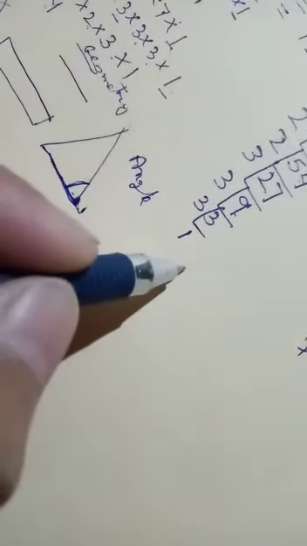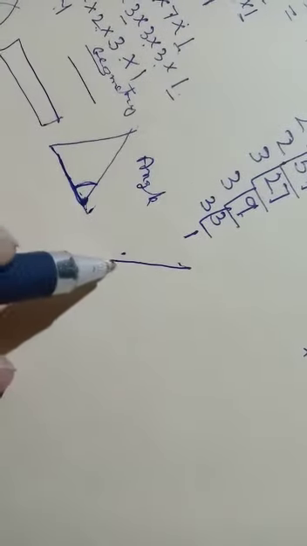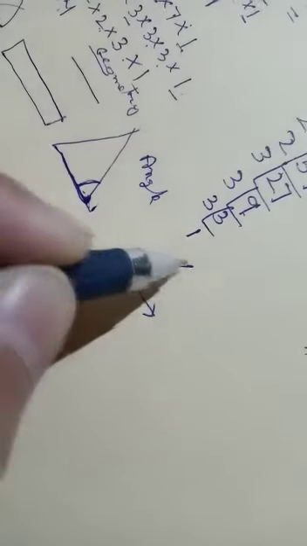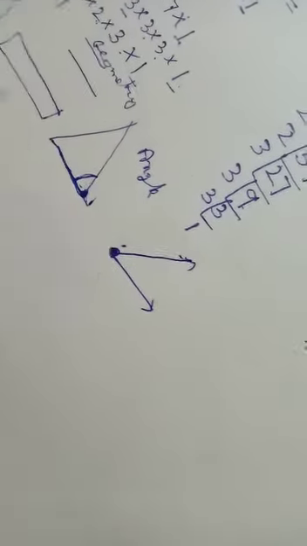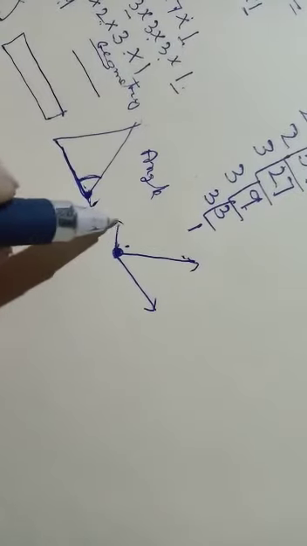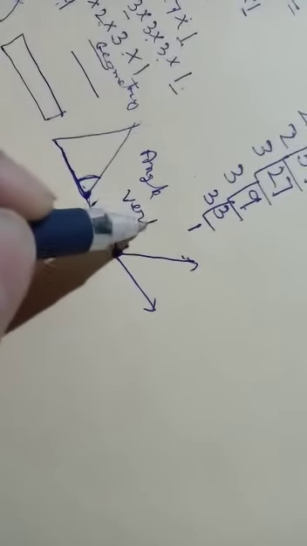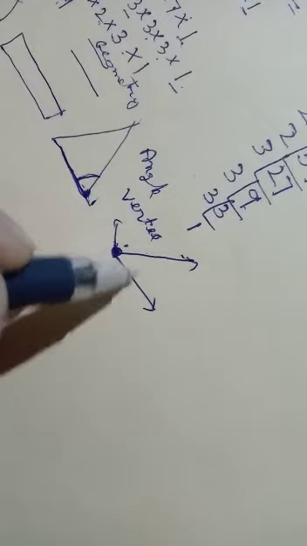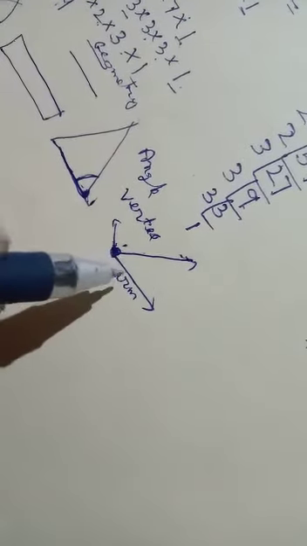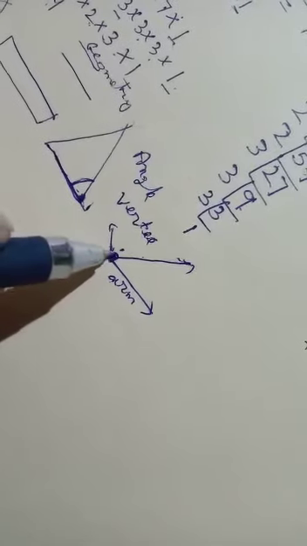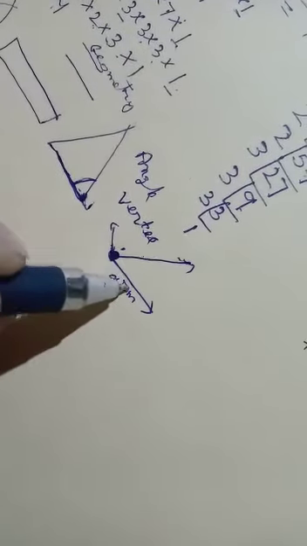But what is an angle? You remember, we may have two rays or two line segments. If they intersect at one point, this point we call the vertex. And these two line segments we call arms. So an angle has one vertex and two arms.